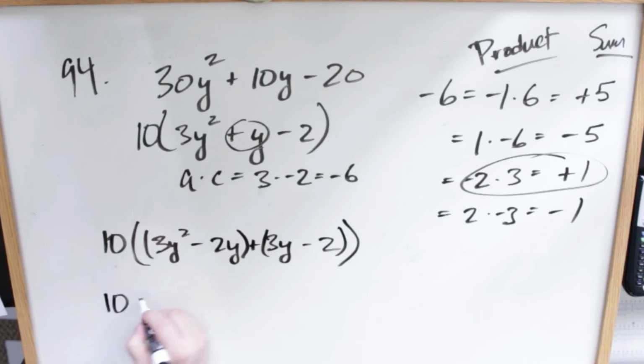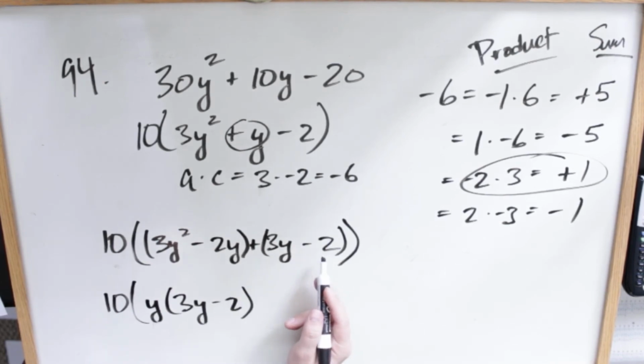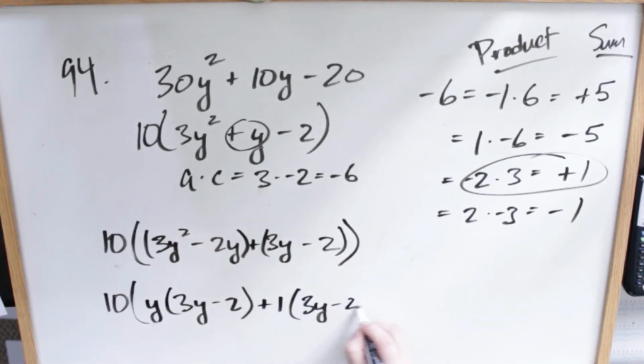So we've got 10 times, what comes out of both of these? Well, it looks like the only thing in common is going to be a y. And then we're going to have a 3y minus 2 left over. And then over here, it looks like it's just going to be a 1. And the 1 is because, remember, we want these things to equal each other. So that's what we get right there.